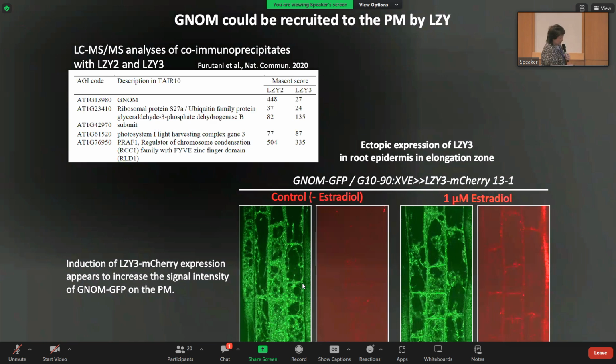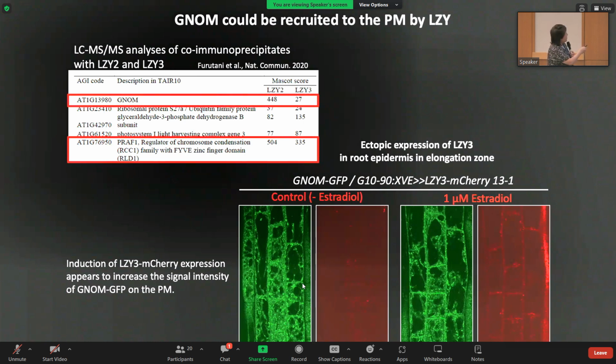So this is a part of a list of candidates for the LAZY interactor resulting from IP mass spectrometry. RLD1 you can find here, and GNOM is also an interacting candidate.